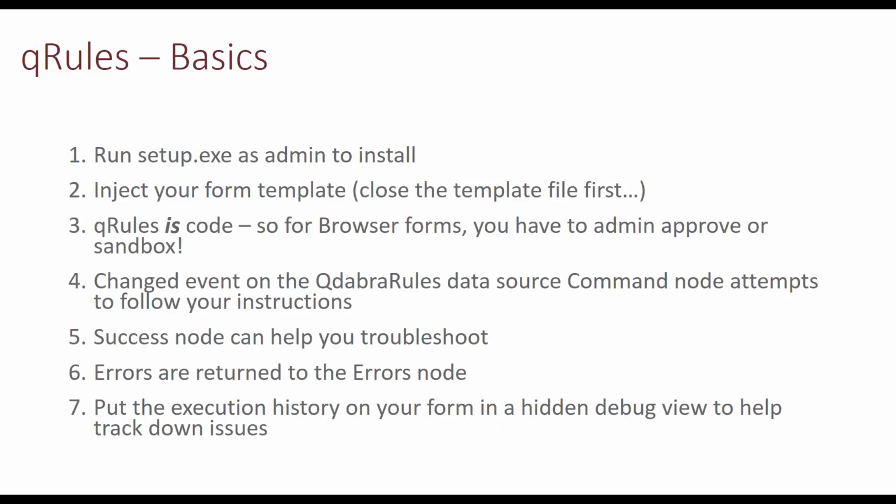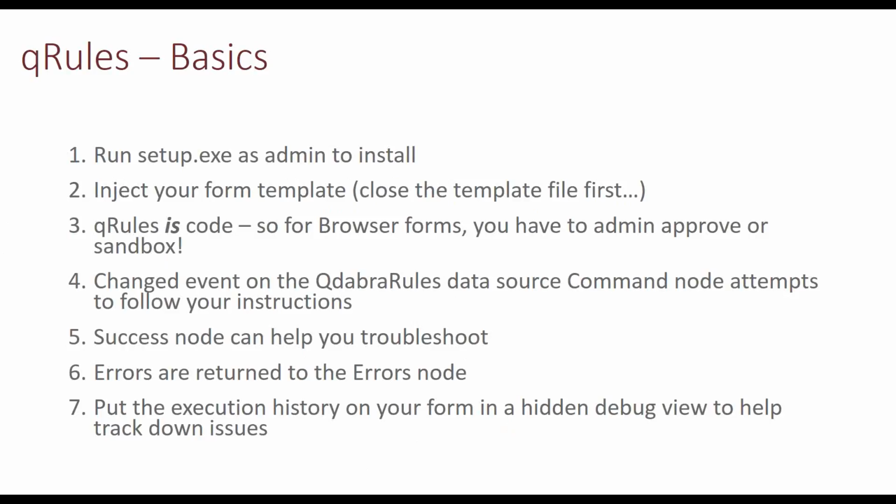If you have a tricky bug that's hard to find, every now and again I'll add a field to the main data source, or two fields to the main data source, and write every command and every error back to the main data source field, so I can go look at the form after the user's done and review what's happened. So you just would add a rule to the command node that if it's not blank, go set this field to concatenate itself plus the latest command value.